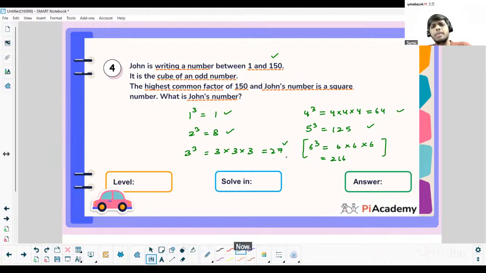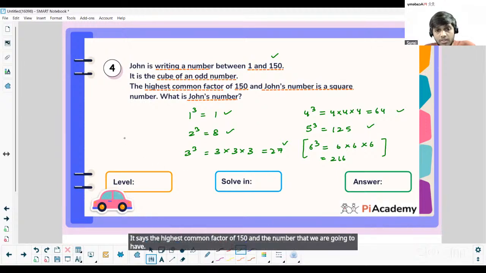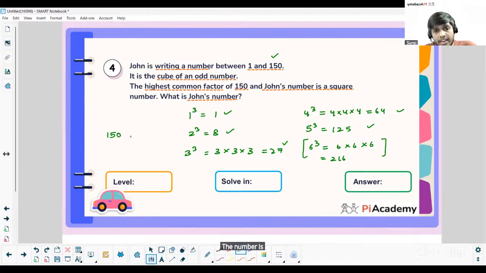All of them are in between 1 and 150. It says the highest common factor of 150 and the number that we are going to have. The number is 150 and the number that we are having is 1, 8, 27, 64, 125. This is how you have to calculate John's number, which is unknown to us.